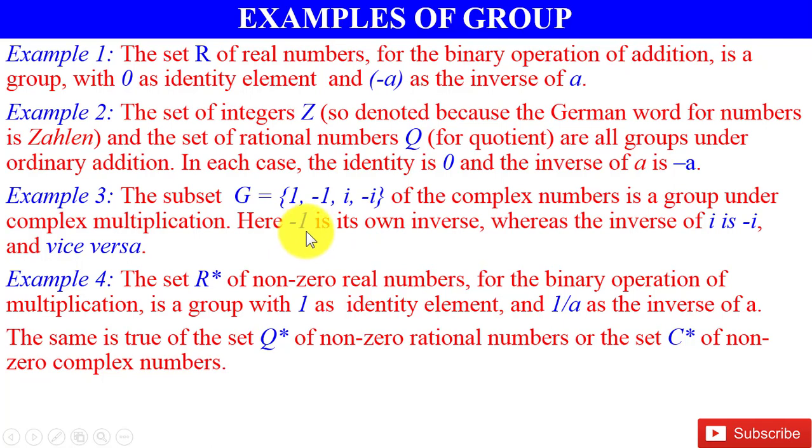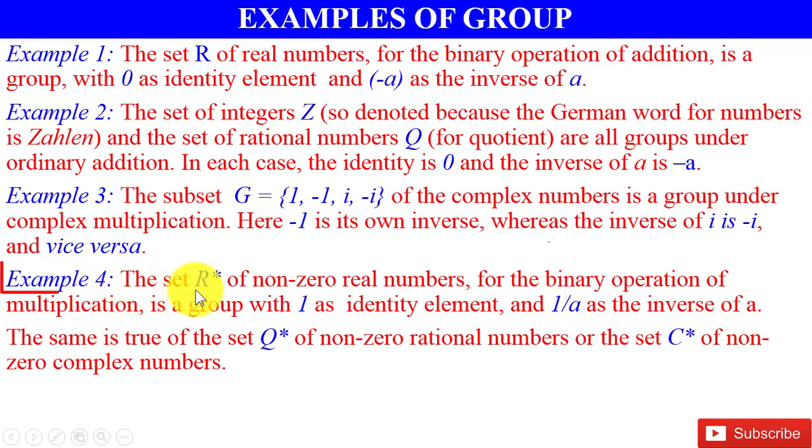So, minus 1 is its own inverse, whereas the inverse of i is minus i. Since i into minus i is equal to minus i square is equal to 1. Therefore, i is inverse of minus i and minus i is inverse of i.